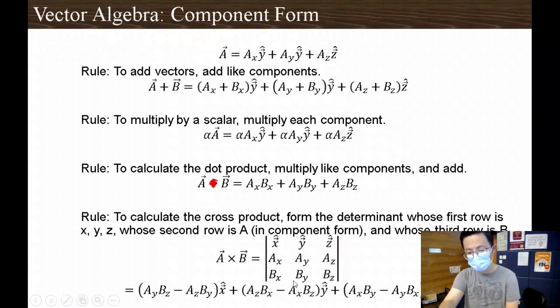And now, if we write down this determinant explicitly, we can also get the component form of this expression.